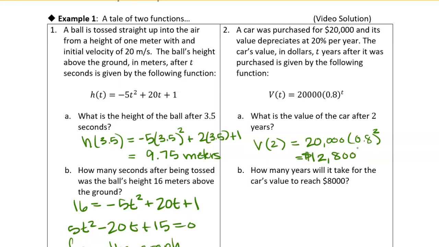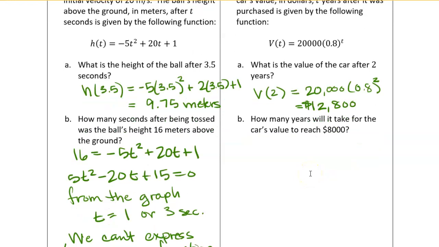And I could do that for any value of t. If I put in a value of t, I'm just going to get one value for the value of the car. So each time corresponds to one value, and so we can express value as a function of time, as it's shown here.